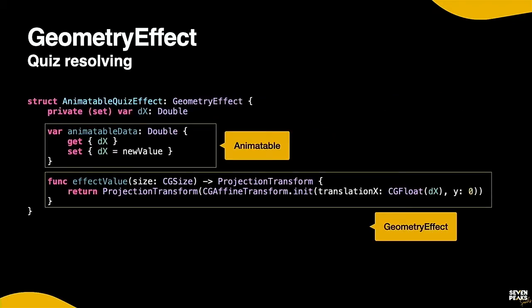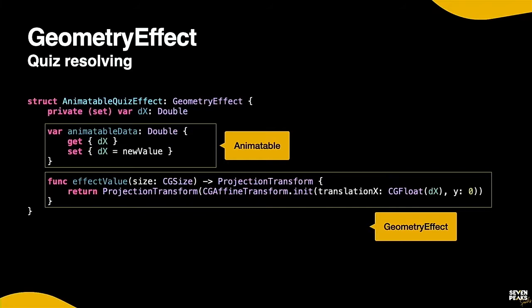So to resolve our question earlier, we will create an effect that conforms to GeometryEffect, and also Animatable. So we will have to define the animatable data. From our question, we want the object to be animated along the x direction.